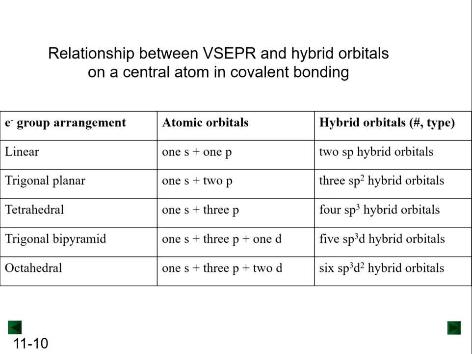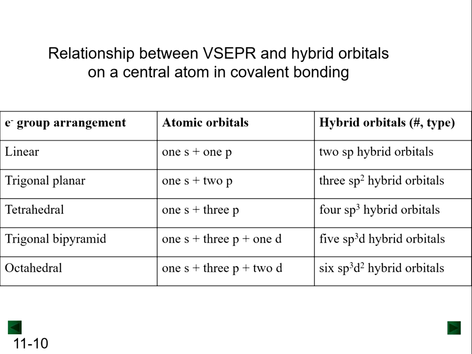For a tetrahedral system, we have four electron groups. Therefore, we need 1s and 3p atomic orbitals. They will mix to form four sp3 or sp cubed hybrid orbitals. The trigonal bipyramidal system has five electron groups. Now we need to use d orbitals. And so, of course, we don't see trigonal bipyramidal structures for period 2 in the periodic table.